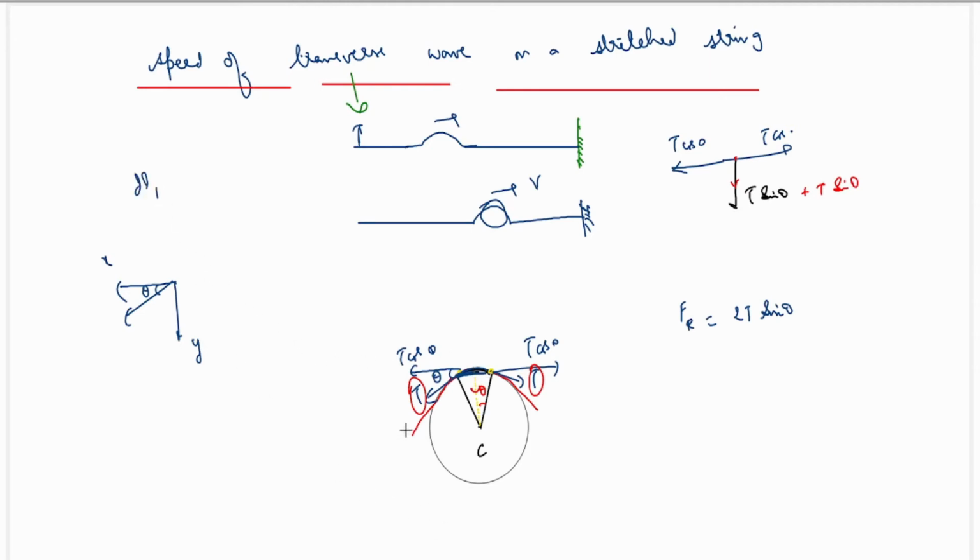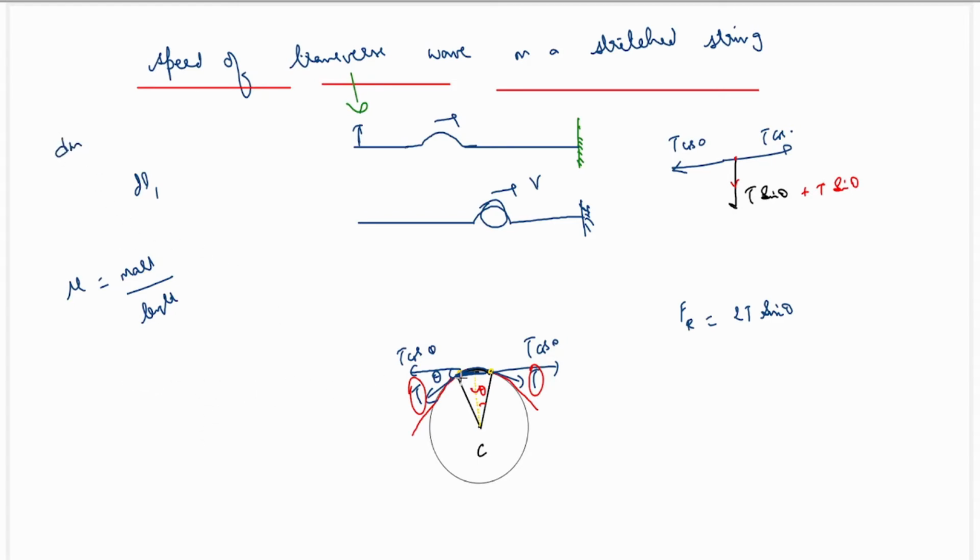In this case, since the string is quite long, it is difficult to find the mass of any given region. So we define a term called mu. This mu is called mass per unit length, which will be a constant for a given string. So let the mass of this element be dm.